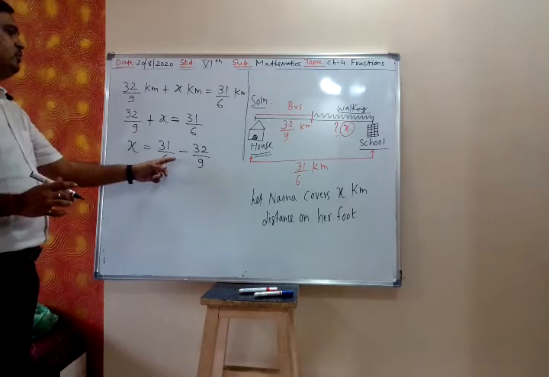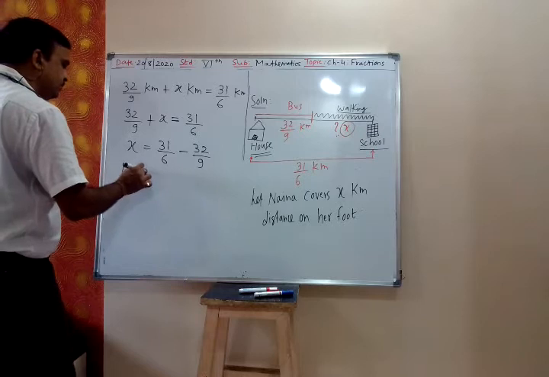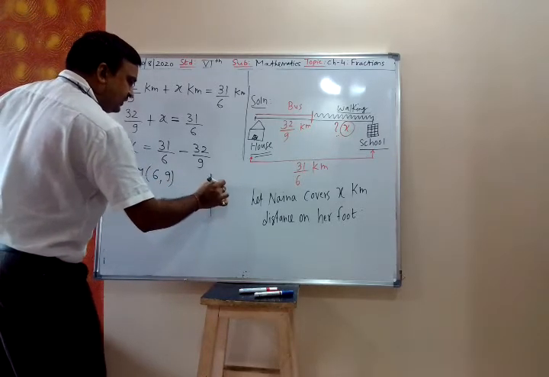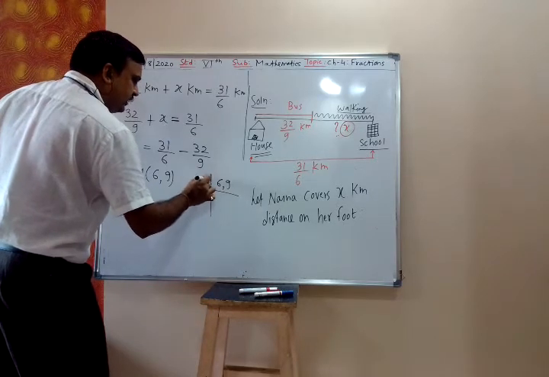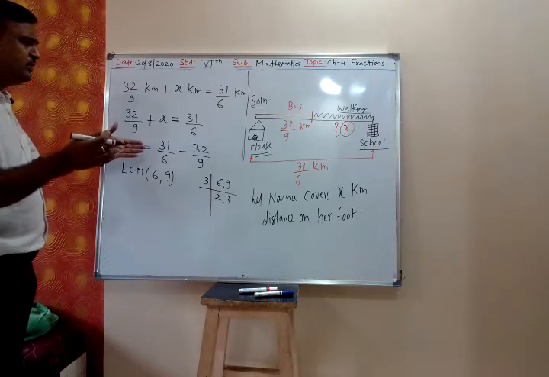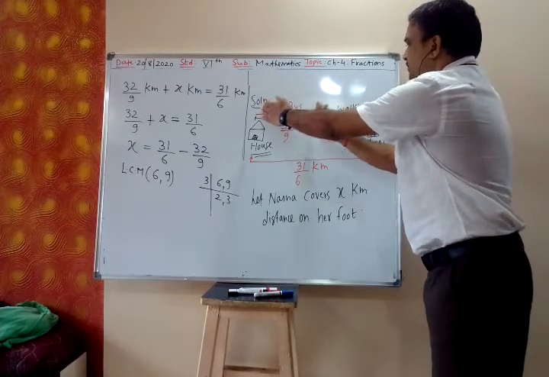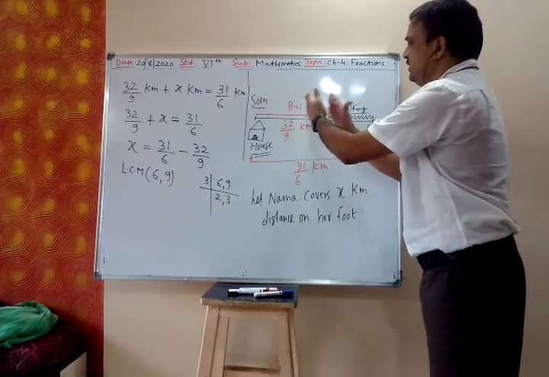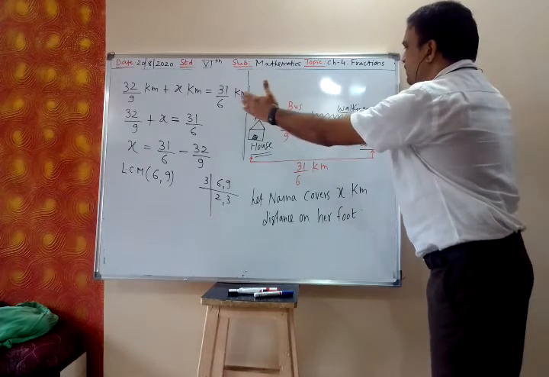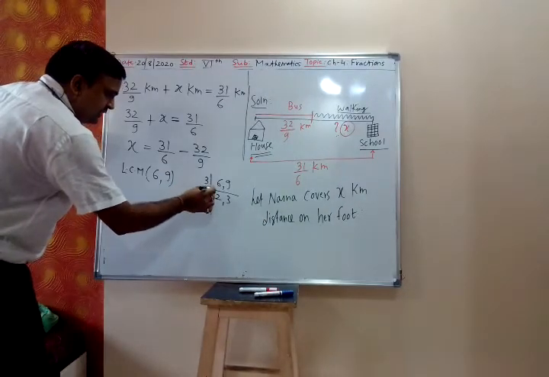So first you convert them into like fractions. LCM of 6 and 9 you have to find. 3 2s are 6, 3 3s are 9.